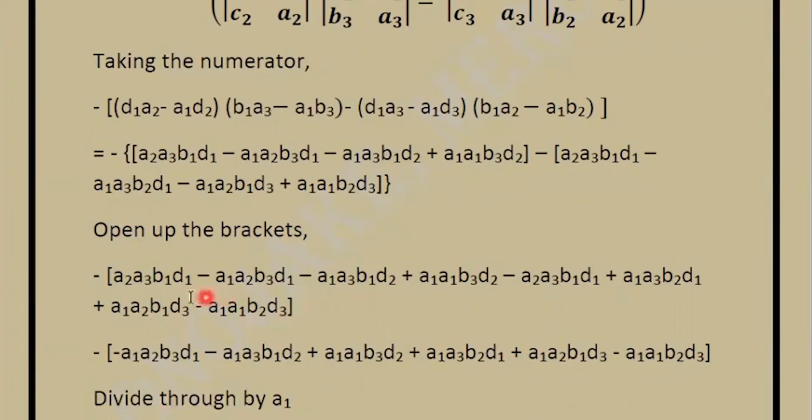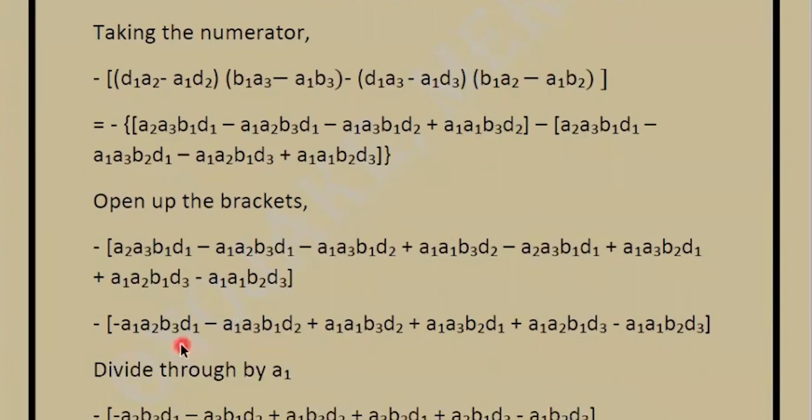But at the same time, before that, see this particular thing and this particular thing. They are literally the same thing, only that one is positive and the other is negative. And it's like saying plus 1 minus 1, which gives us 0. And then, having that done, we have this remaining.